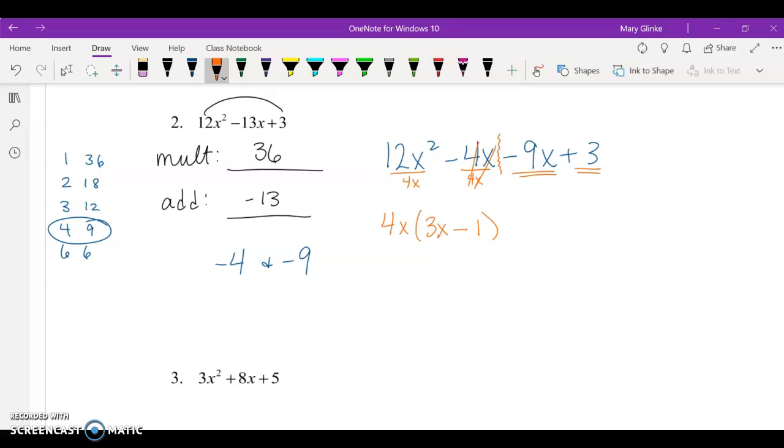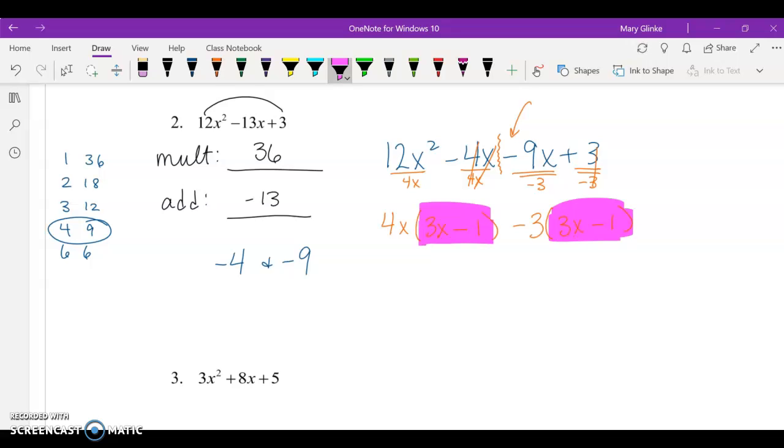Now the next two, we have 9x and 3. So the GCF is going to be 3, but because the 9 is negative, you do need to divide by negative 3. So we're going to divide each of those two by negative 3. And so we're going to be left with a positive 3x and a negative 1 once you divide positive 3 by negative 3.